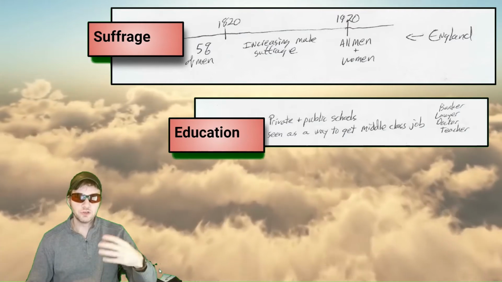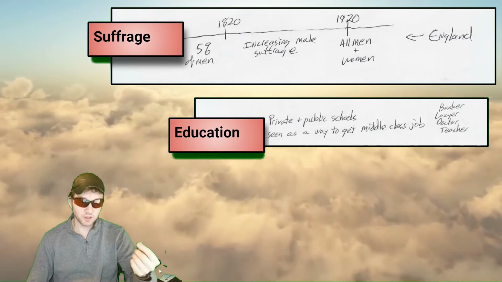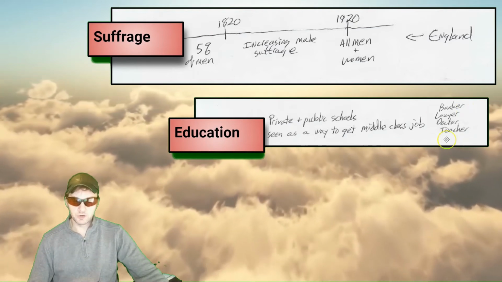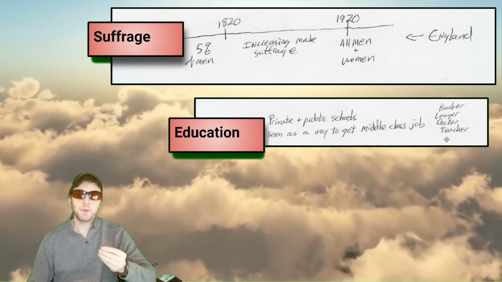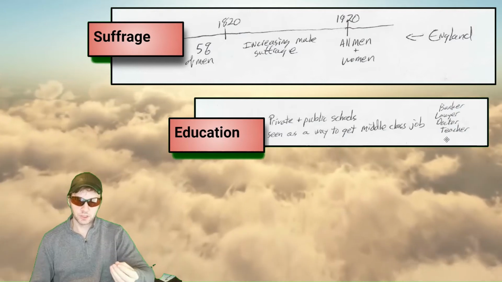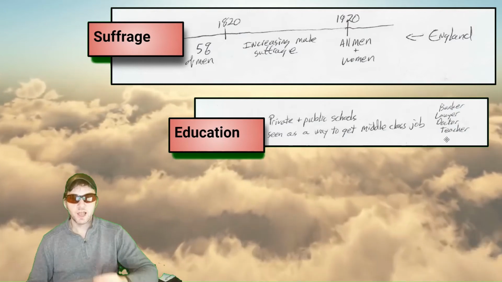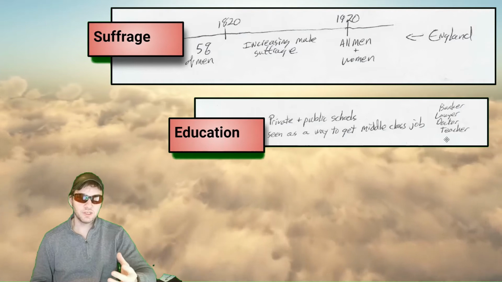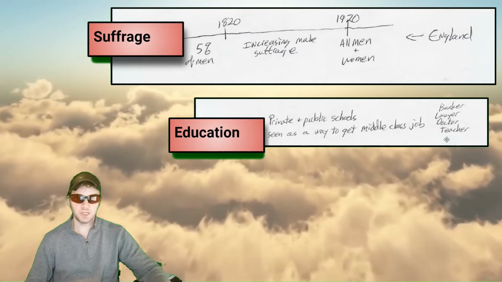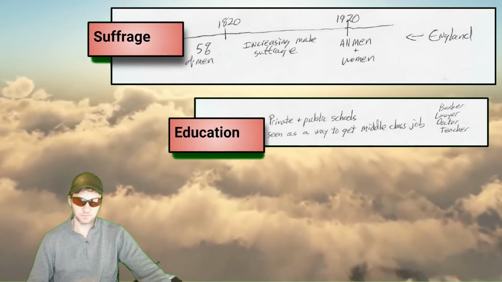A lot of the new middle-class jobs require a certain degree of educational training. And those newer middle-class jobs tended to pay more than miner, steelworker, laborer. So education became a gateway to the less physical, higher paying middle-class jobs of the Industrial Revolution.